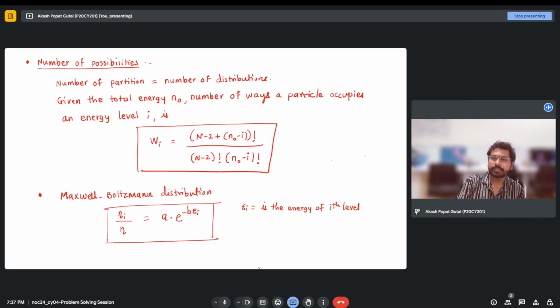The number of possibilities, the number of partitions, is equal to the number of distributions given the total energy, and the number of ways a particle occupies an energy level i is the mathematical form we have seen. The Maxwell-Boltzmann distribution comes naturally from this, the fraction n_i upon N.